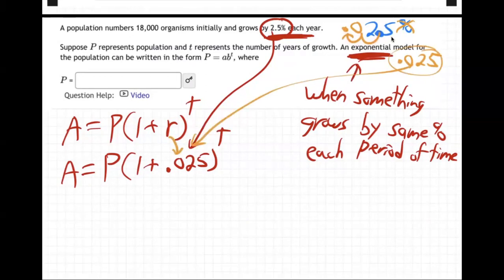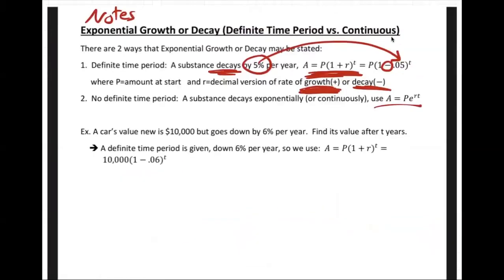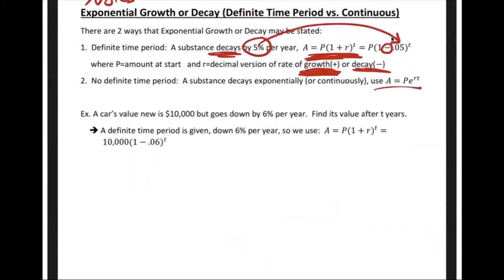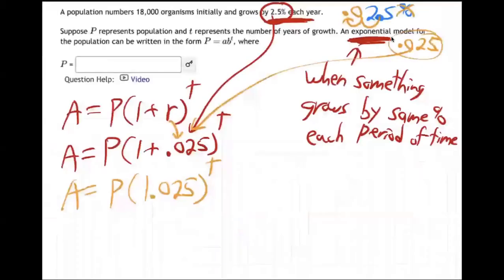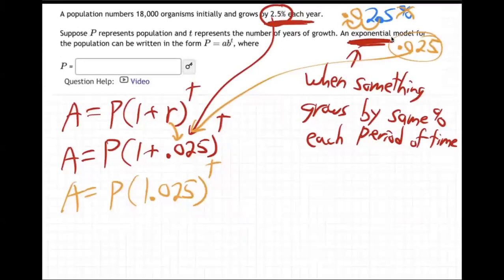And so then we can write this formula, simplifying it one more step. A equals P times 1.025 to the T, like that. And one last thing, the 18,000 initially, that's the P right there.